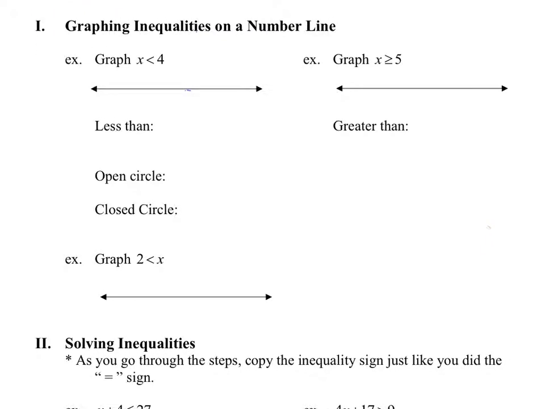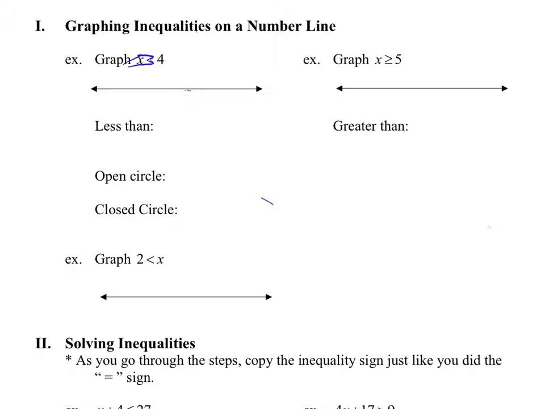All right, graphing inequalities on a number line. So we have this problem here. Graph x is less than 4. Sometimes you'll see people try to explain it by drawing an alligator, or a snake, like a python or anaconda.